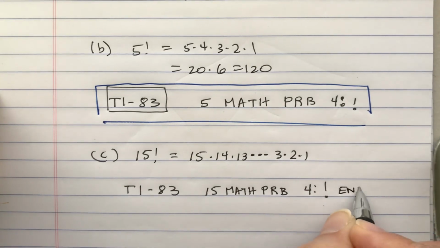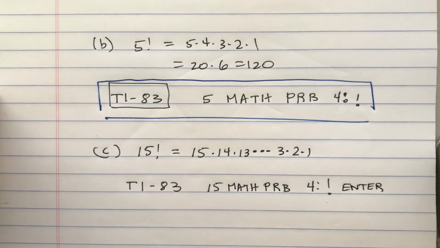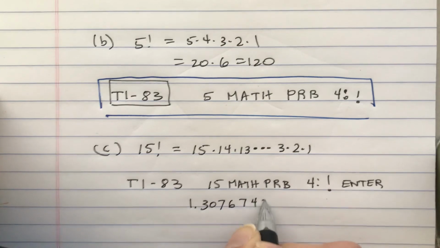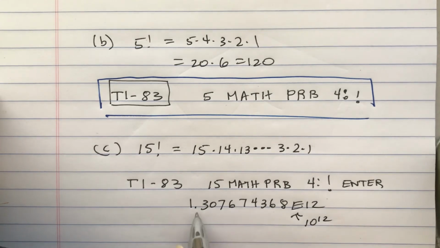Maybe I should have written enter before. And the thing is that these numbers get really large. So you might try, for example, putting in 100, trying to evaluate 100 factorial. So the answer is going to be 1.307674368 E12, and this means 10 to the 12th power.